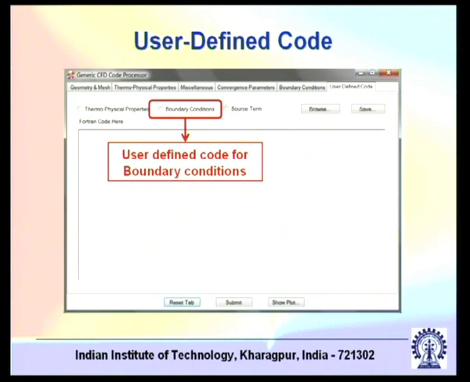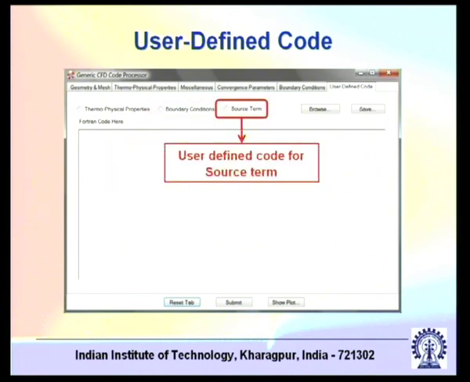So for example, if you are interested to have certain boundary conditions which are not there in the standard GUI, then you can use the user defined codes, or maybe some special source terms. So usually, you can make your CFD code a fool by implementing some equations which are not the standard fluid flow equations.